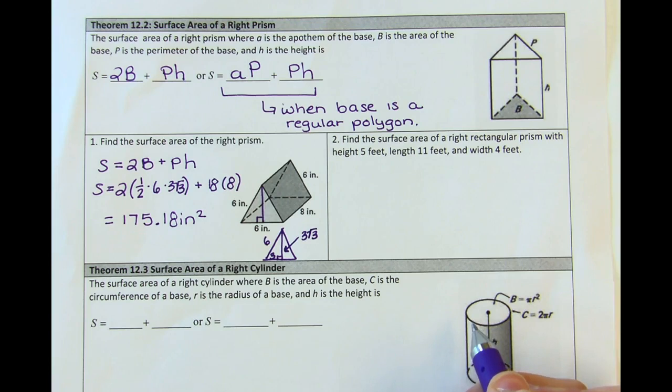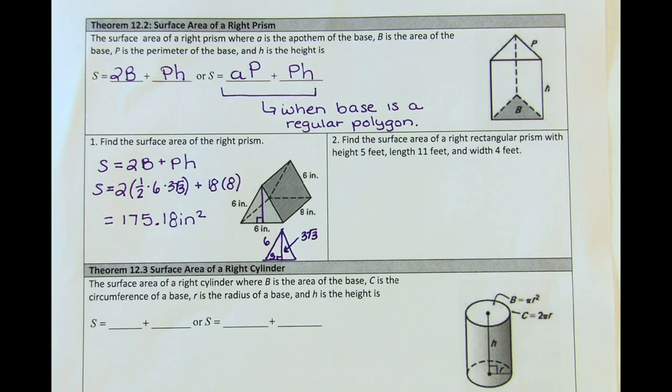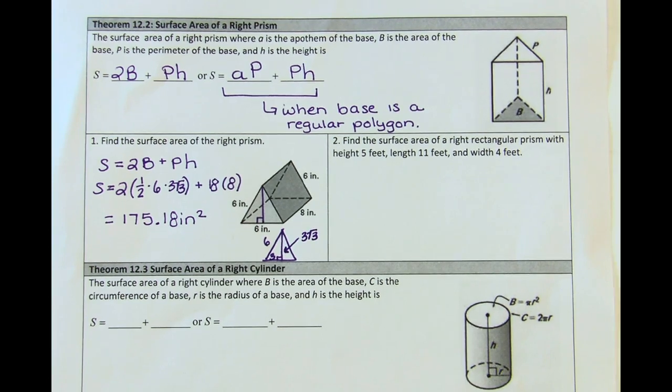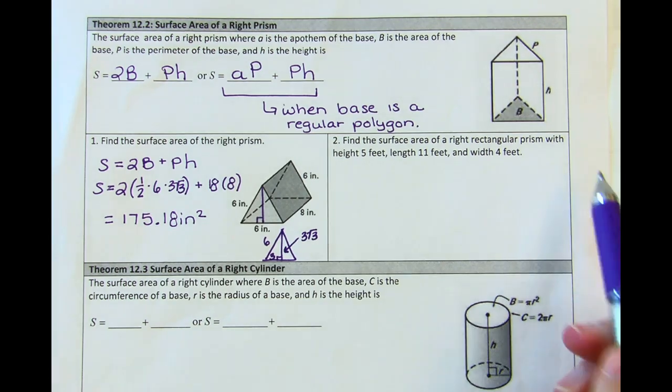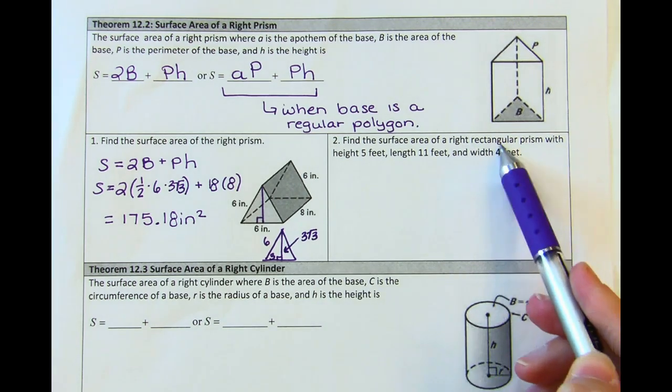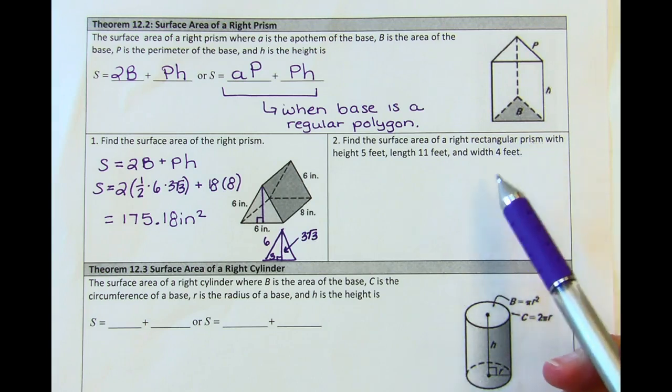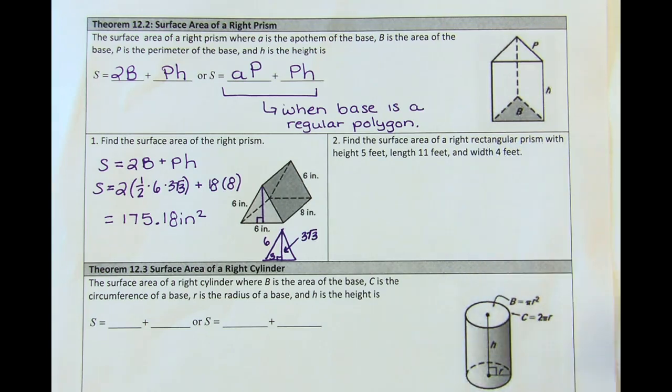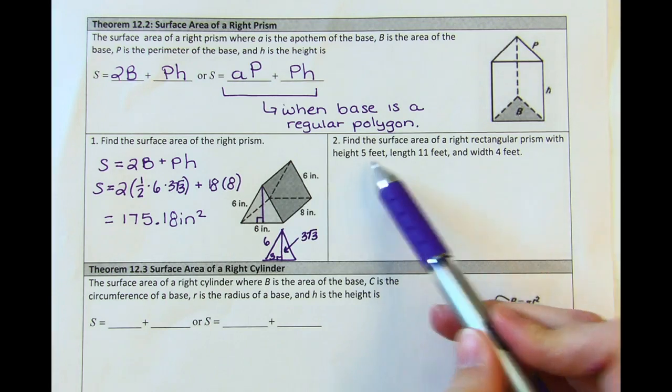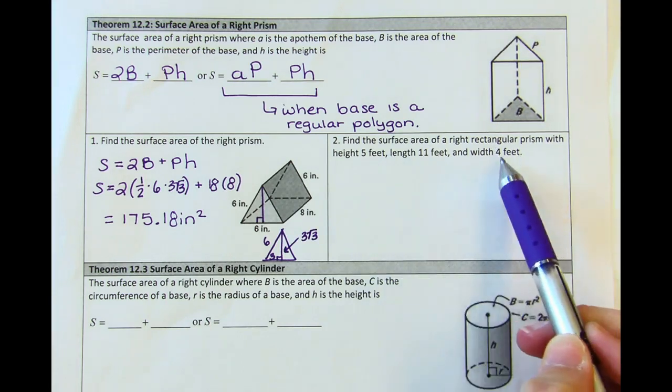Okay, so for number 2, we are not given a picture, which means it would probably be helpful to make one. Find the surface area of a right rectangular prism, which remember that means that the bases are rectangles, with height 5, length 11, width 4.